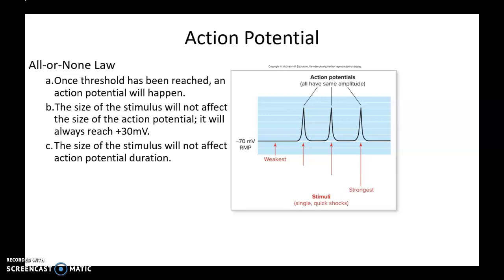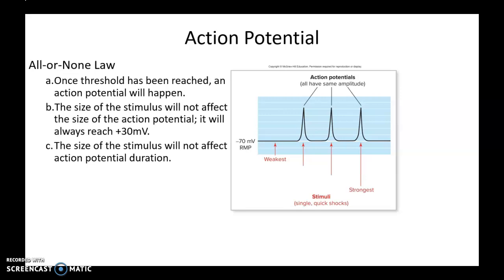So let's talk about this diagram, which is on the right. We see that the resting membrane potential is at -70, right? And we have these red arrows showing different stimuli. The weakest stimulus is on the left-hand side, shown by the short red arrow, and the strongest stimulus is on the right-hand side, shown by a long red arrow.